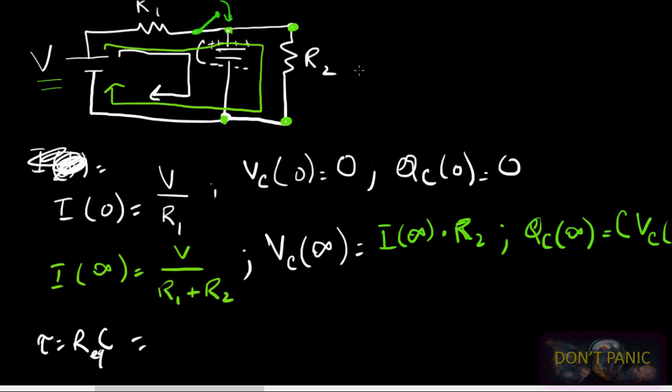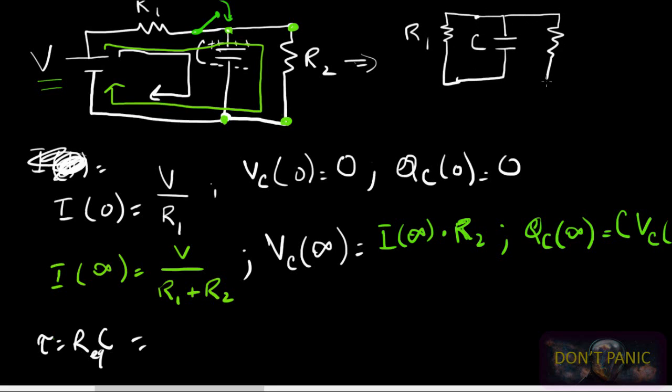So suppose this circuit was discharging, then it would look like this. R1 would be here, you take out the battery, the capacitor would be here, and your R2 would be here.